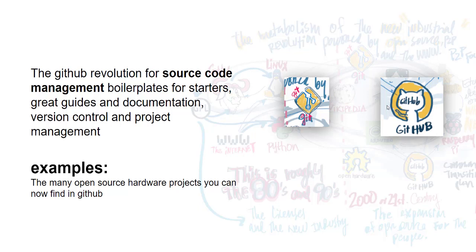Then there is GitLab and others, but the point is that it's a very fast, reliable, ubiquitous content delivery system for the context of source code, and also people have used it in open hardware, right?